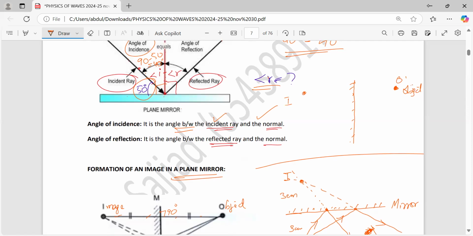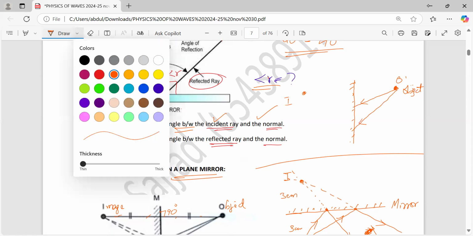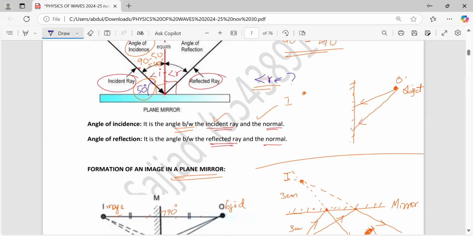Now from the object, always sloping lines, 1, 2. Now what to do? I will bring from here the image dot, a dotted line till here, and then a straight continuous line. This is the incident ray, this is the reflected ray.